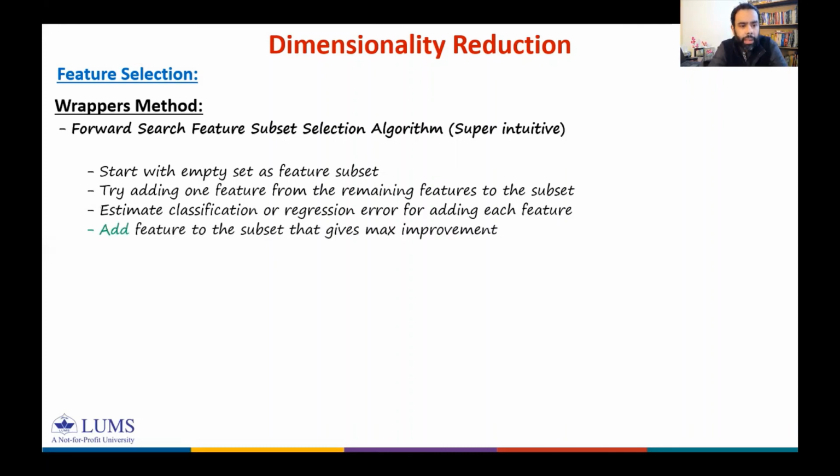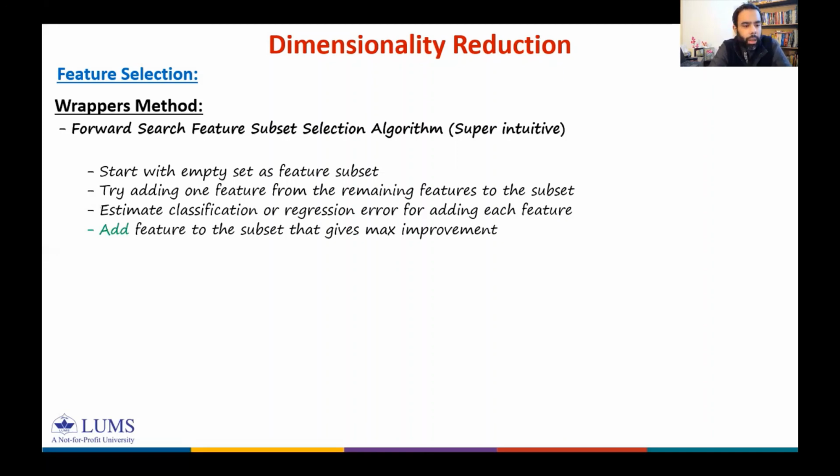So you add the feature to the subset that gives maximum improvement, and you keep on doing this. Next time you have D-1 possibilities, and next time you will have D-2 possibilities, and so on and so forth. And once you have K number of features in the subset, you're done. You have already chosen K number of features that is giving you the desired performance or desired accuracy.